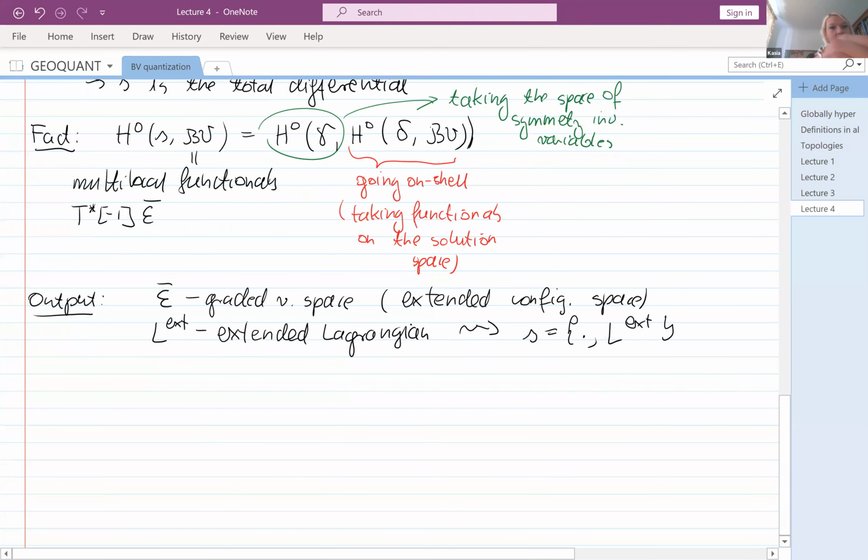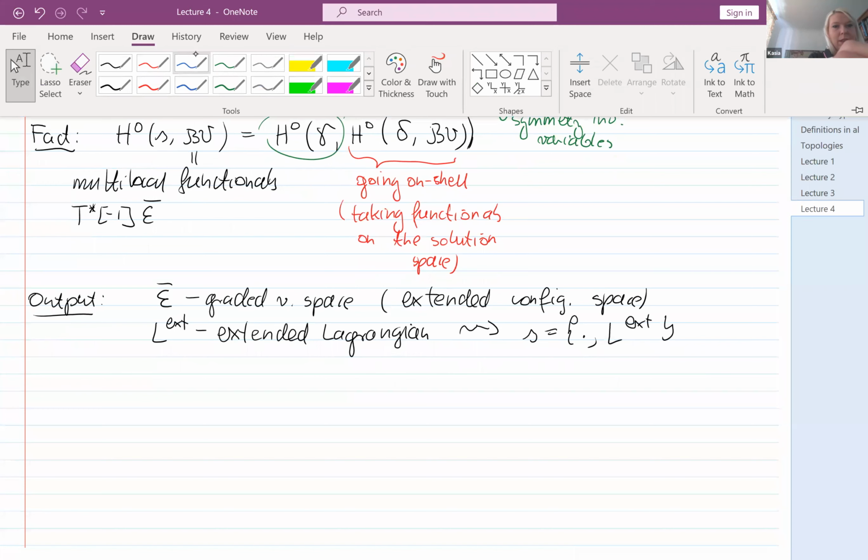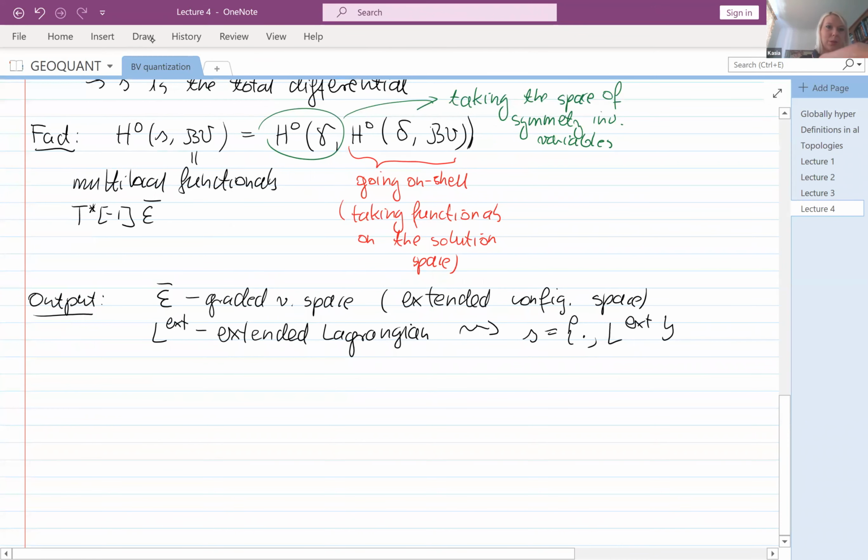And now for the analytical part of this to make sense, this Lagrangian we want to write as the quadratic part plus the rest.